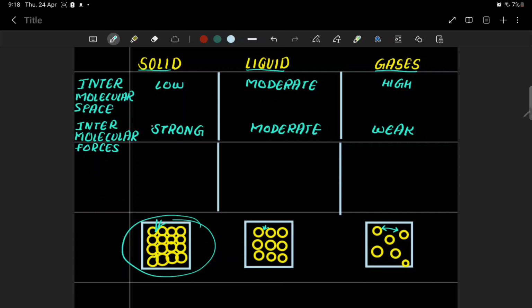So we can say solids have a definite shape and volume. Liquids have a definite volume and gases don't have definite volume or shape.